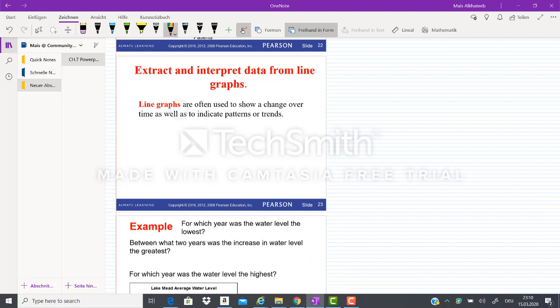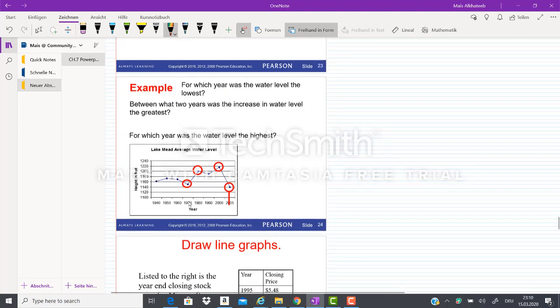Now another kind of graph is the line graph. A line graph has to be a line, as clarified in this slide. Now I will answer the question. For which year was the water level the lowest? It was in 2005, only 1140 feet of water.